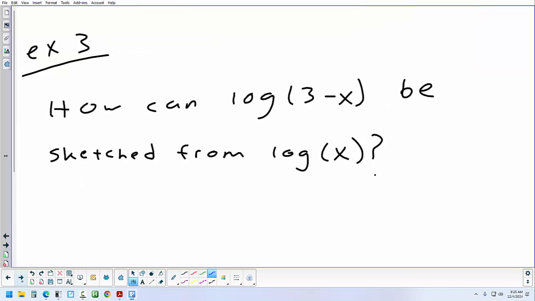Let's try another one where we list transformations, but let's just add a little bit more in there. I want to know how this can be obtained from that. I don't want the domain and the range and all that, just the transformations.